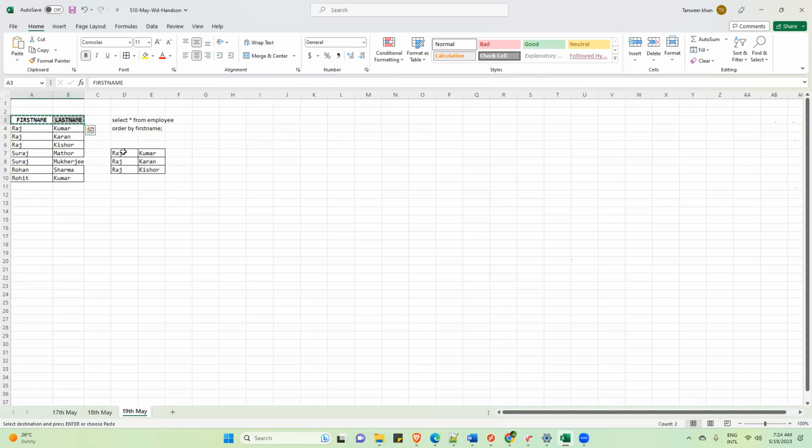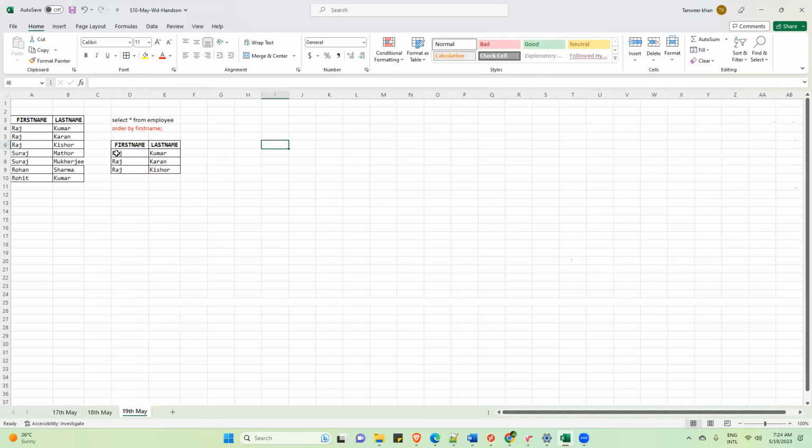Now, here in order by, you are telling the SQL engine to sort based on the first name, right? So now when multiple records have the same first name, there is no logic for how the engine will sort the data. Maybe the engine can keep Raj Kumar on top, maybe Raj Karan, or maybe Raj Kishore, because all of these records have the same first name.